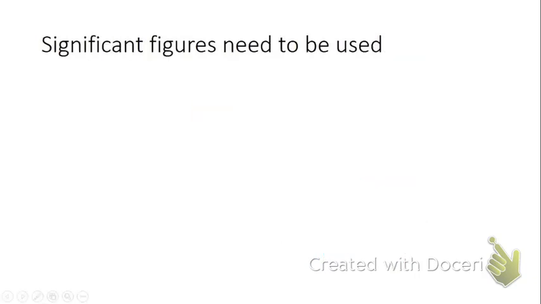So the final thing that we're going to talk about with regards to numbers is significant figures. Significant figures are very important. So we said most students lose points because of no units. The rest of the students lose points because they don't have the correct number of significant figures.